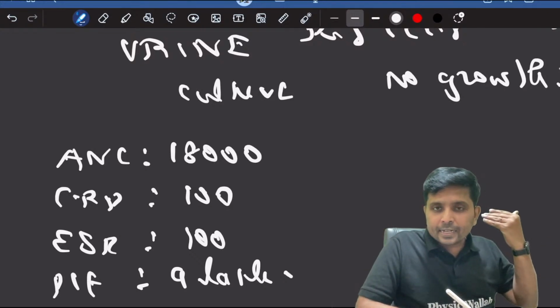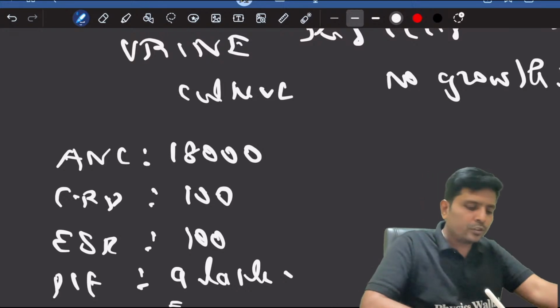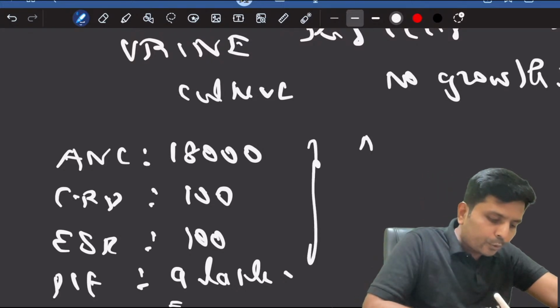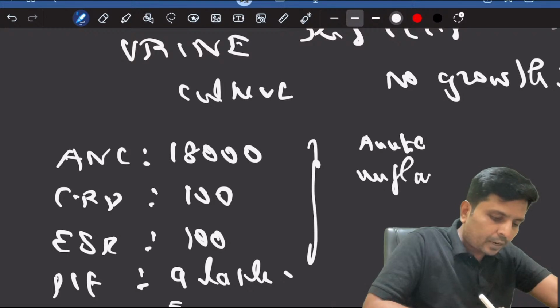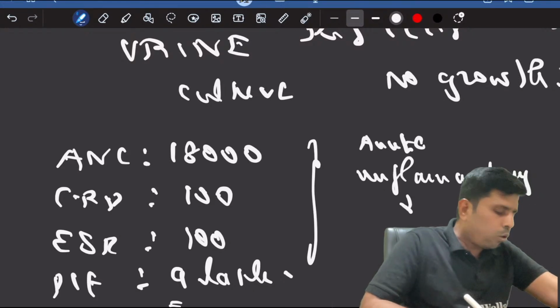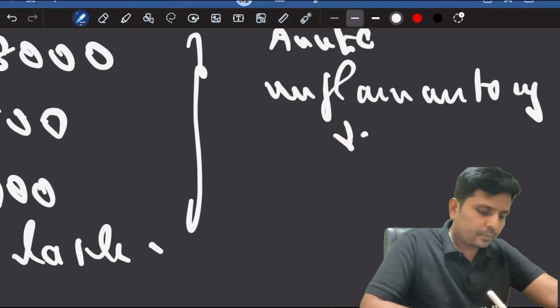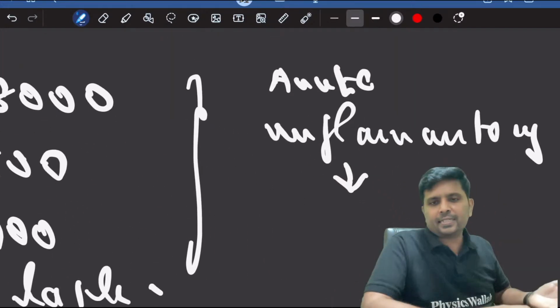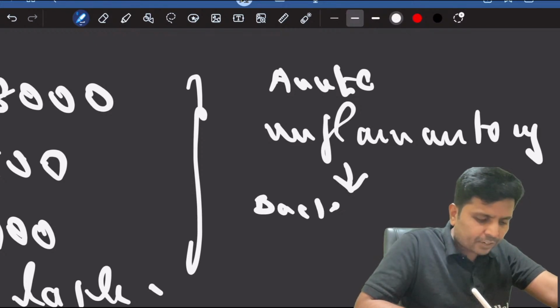Again, your platelet is an acute phase reactant, it is also increased. So this is an acute inflammatory response, apart from infection.